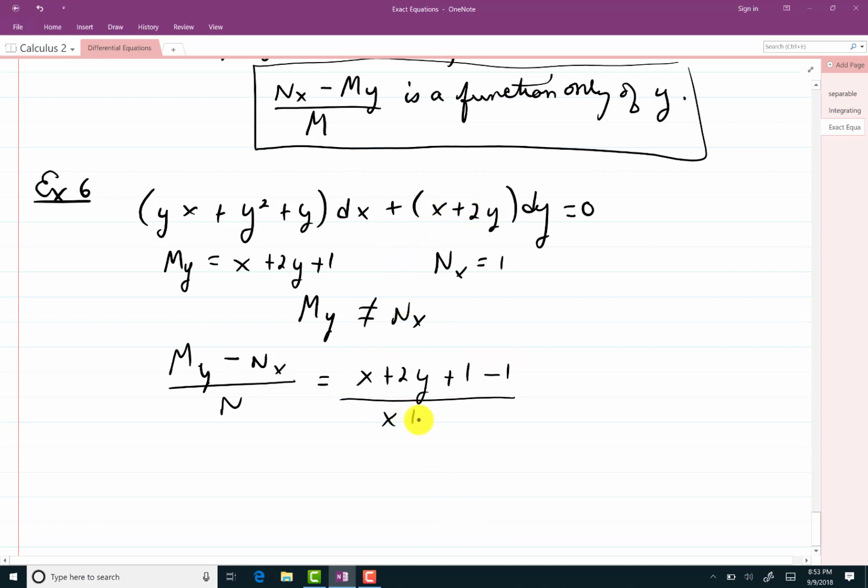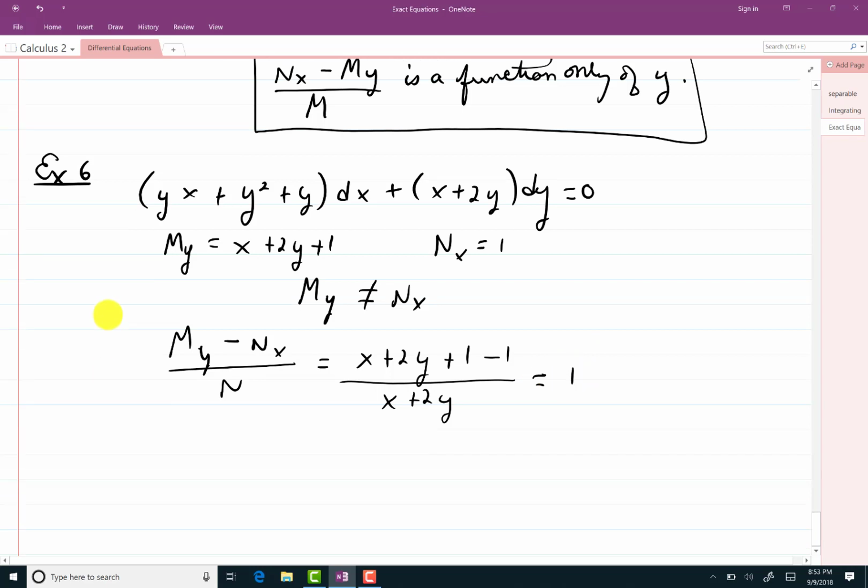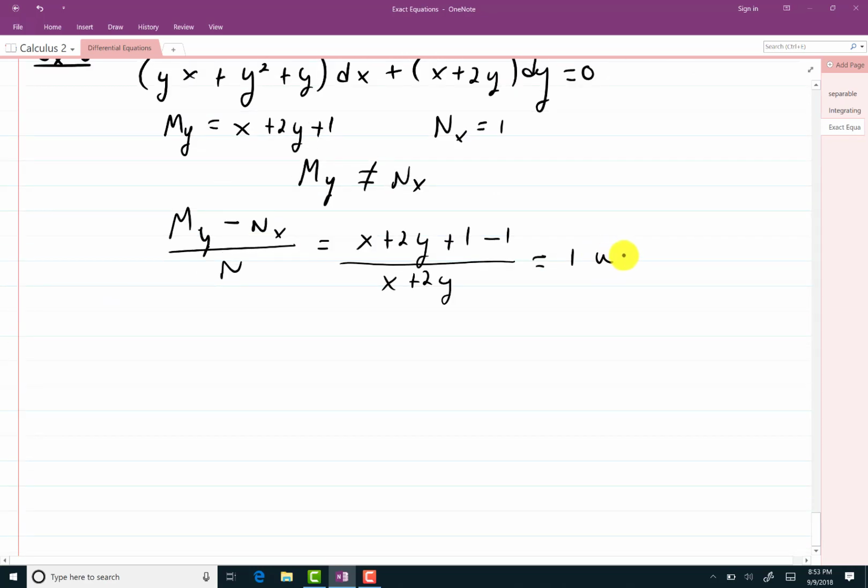Well, this is nice. That's going to equal 1, and that is a function of only x. Constants will work.